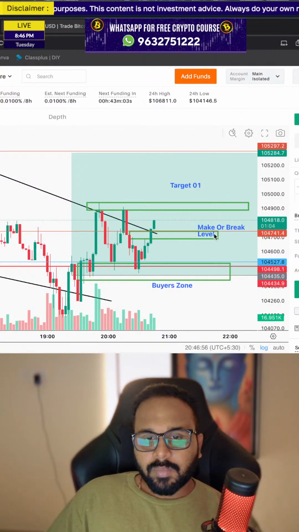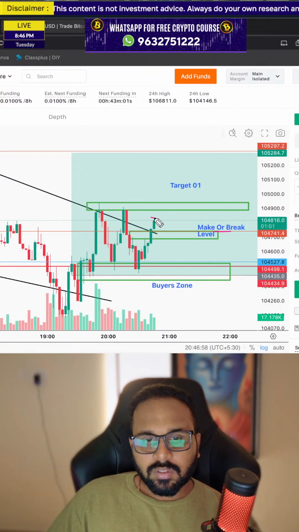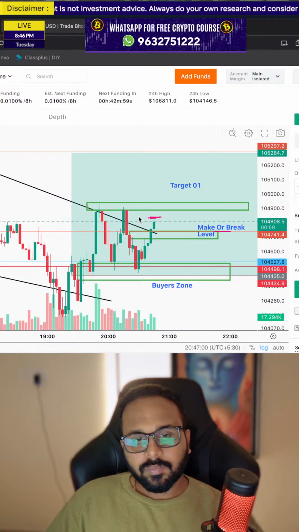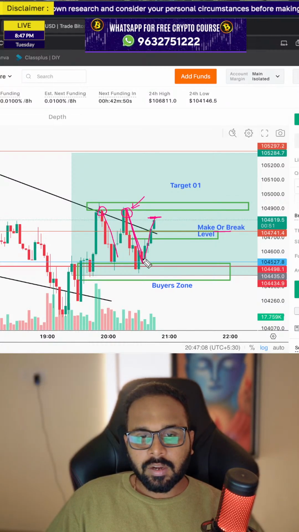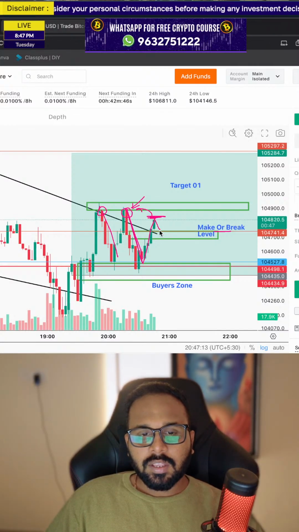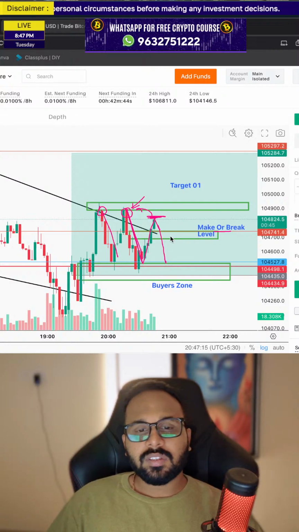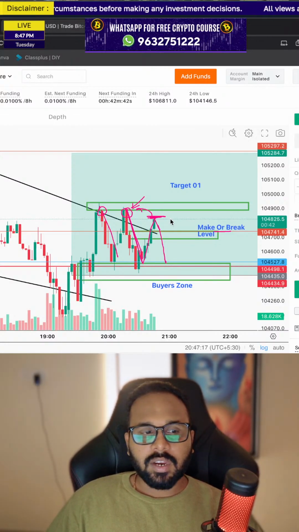Why I have kept my stop loss right now here is because this zone, this area correction here, the seller has not yet given up who entered here. Last time also he entered here, again he entered here. So in case he enters before reaching this level, then again we will go to the same old story in the sideways market.